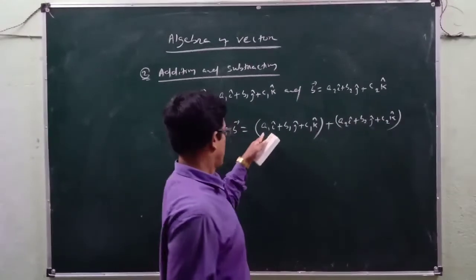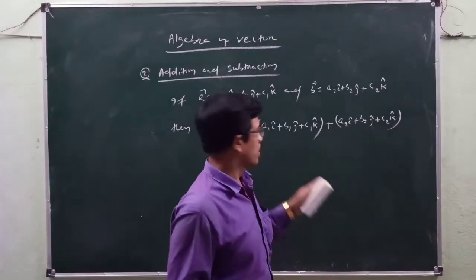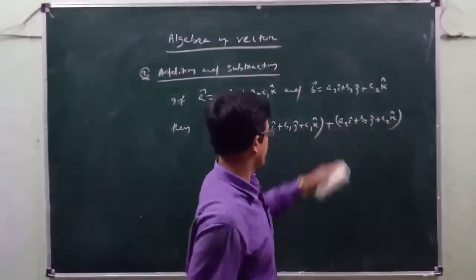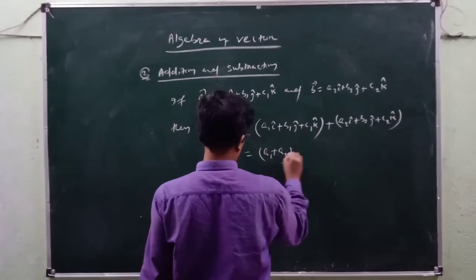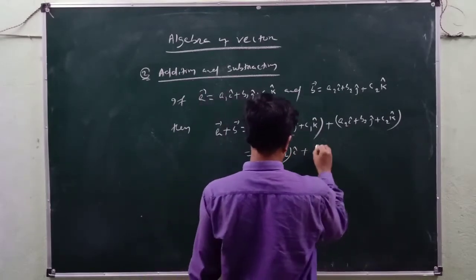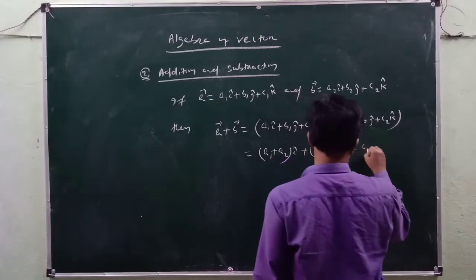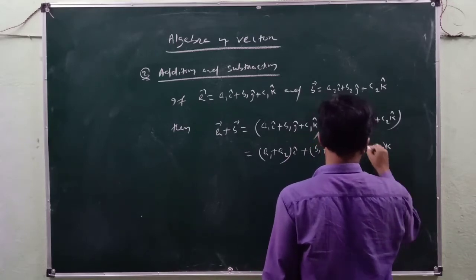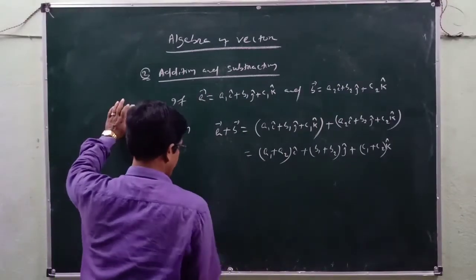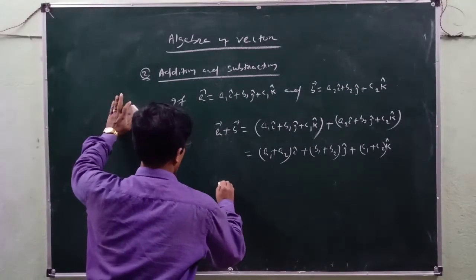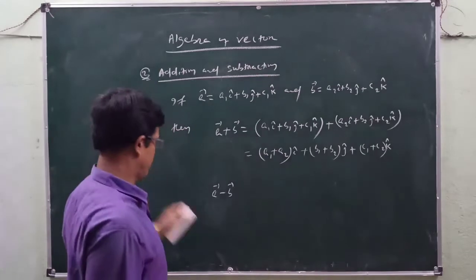Now you add the component of i: here it is a1, here a2. When you add these two, it will be a1 plus a2 i cap. Similarly, it will be b1 plus b2 j cap plus c1 plus c2 k cap. Also, what will be the subtraction of b from a?